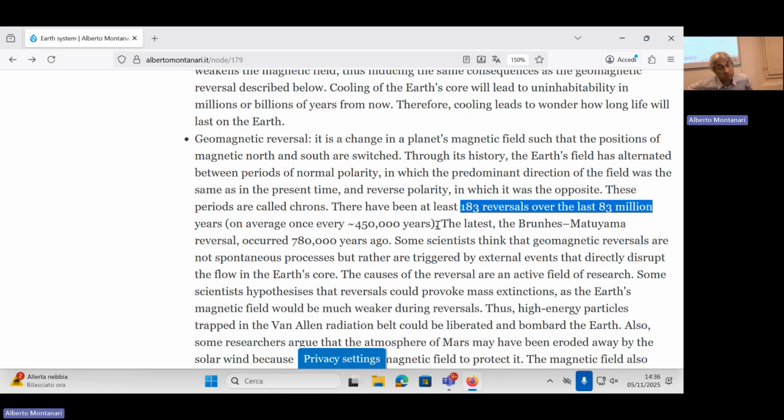But for the geomagnetic reversal, you see that on average there has been one every 450,000 years, and the latest was about twice that time ago. So it's not so unlikely that it happens. Okay.